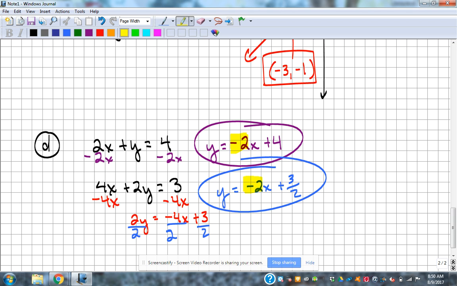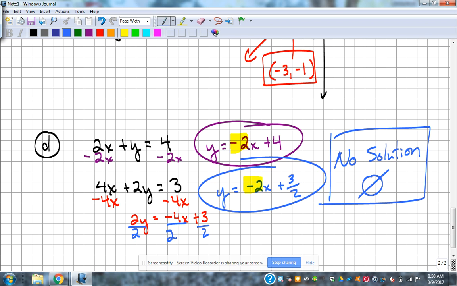Are they going to cross? No. Is there any point in graphing that? No. You know they're not going to cross. So what's graphing it going to show you? So this would be no solution. You could put the circle with a slash through it, if you want to use that symbol, that's fine. It stands for the empty set. It means there's no answers, no solution.